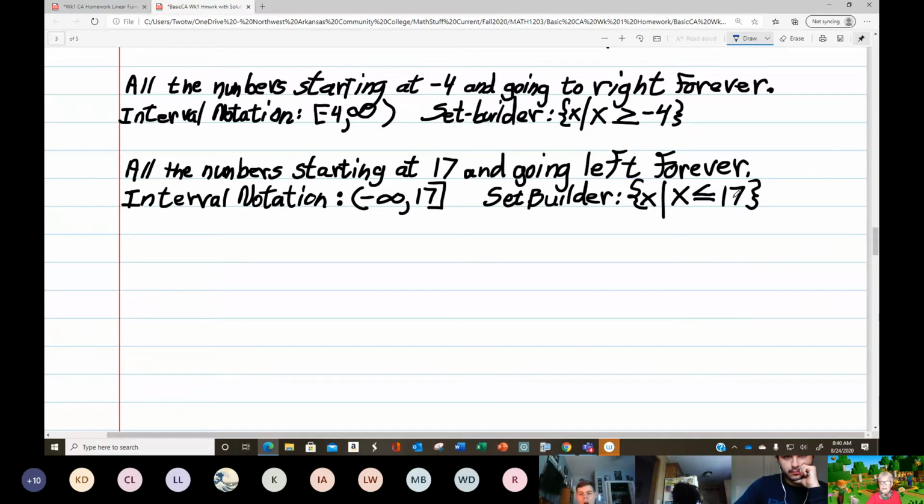So this is actually stated as you would write it from left to right: x is to the left of 17 or equal to it.